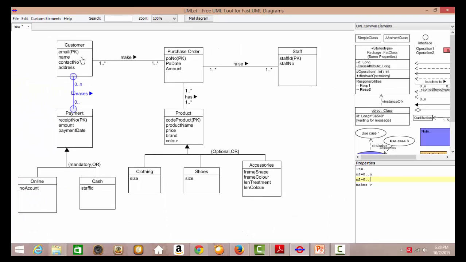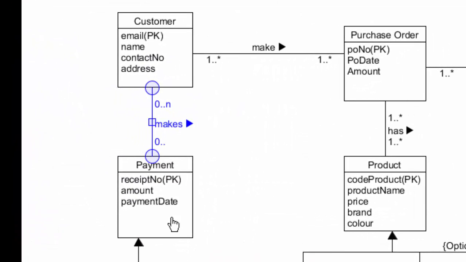For relationship between customer and payment, one customer can make minimum one payment, maximum a customer can make many payment, and one payment can make by minimum one customer, maximum one customer, because two customer cannot pay one payment.